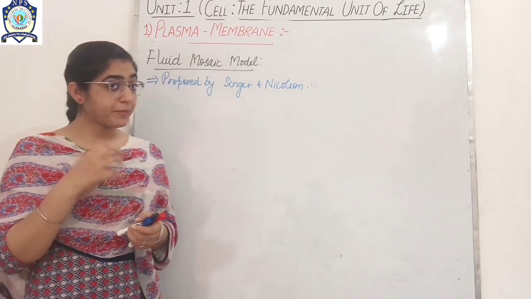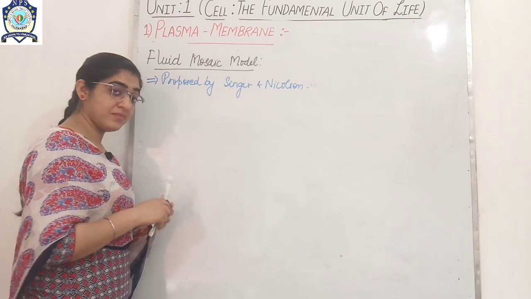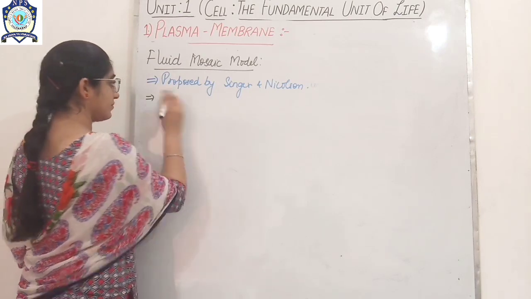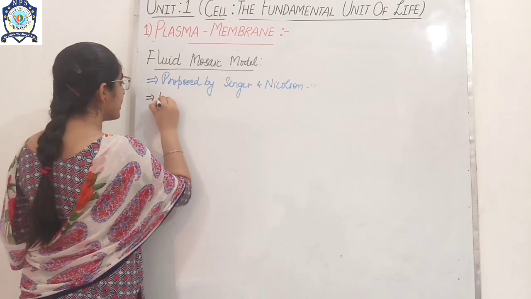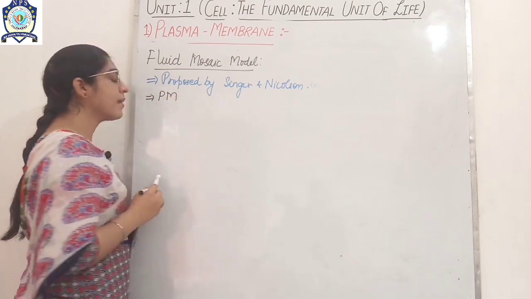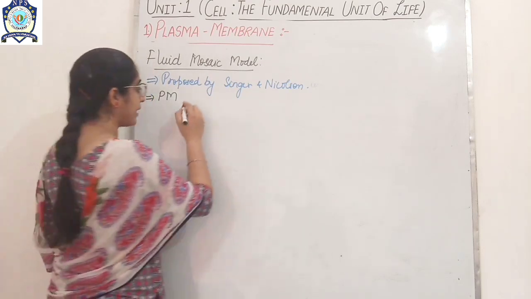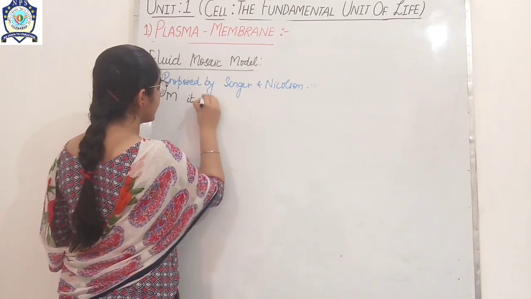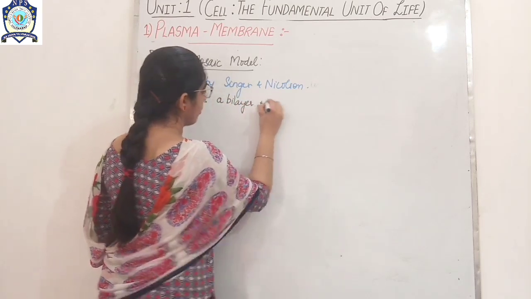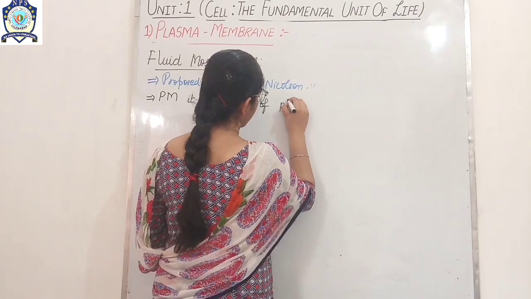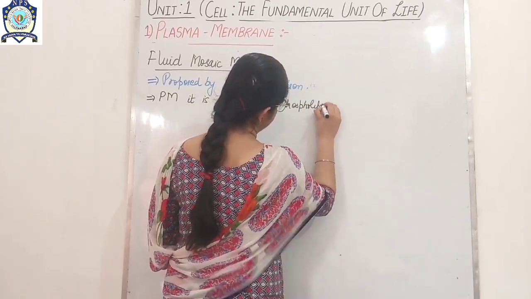Again, Singer and Nicholson proposed that the plasma membrane, PM, I am using the word PM for plasma membrane, is a bilayer of phospholipids.